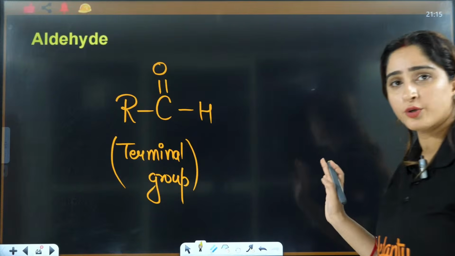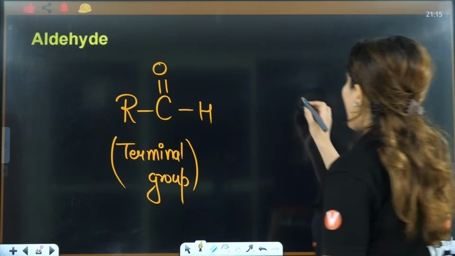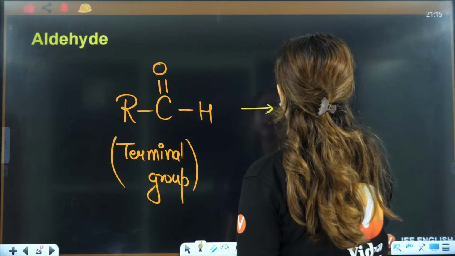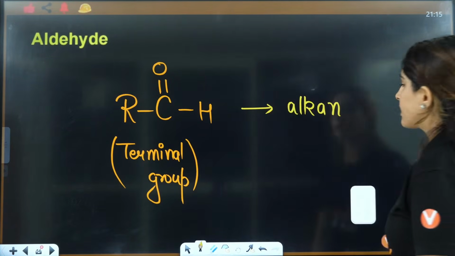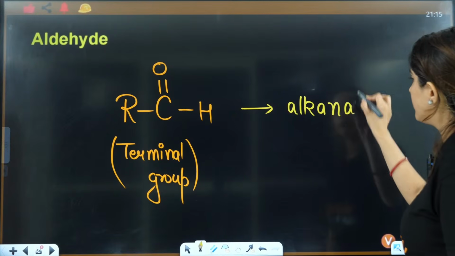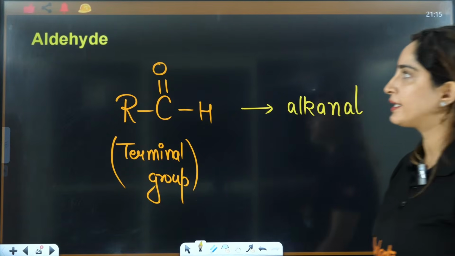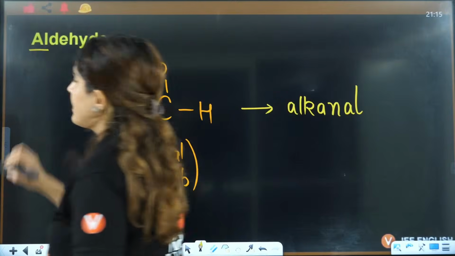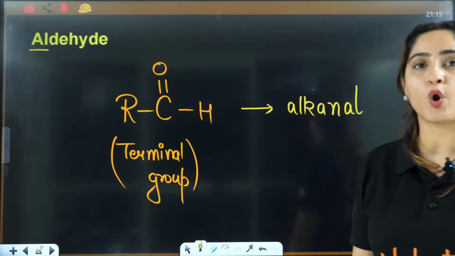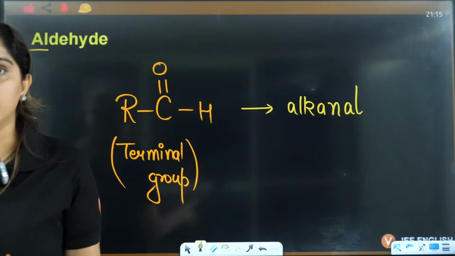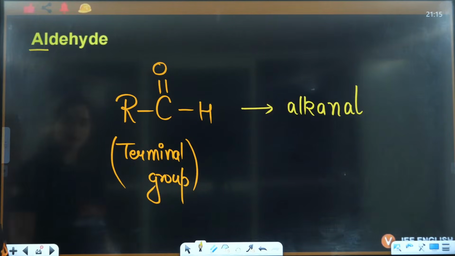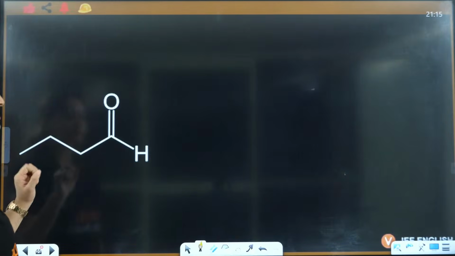This is the terminal group, that is RCHO, and here it is written as alkane, the E is cut and here you will write al. For aldehyde you will take al. Propanal, butanal, ethanal, right?